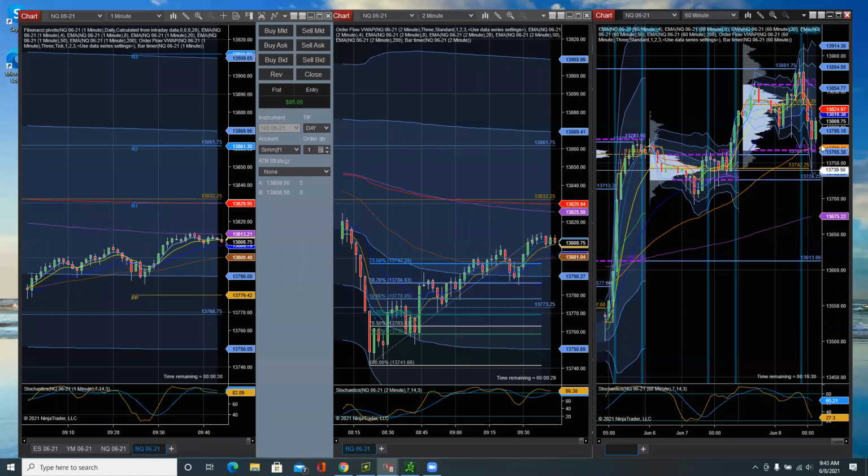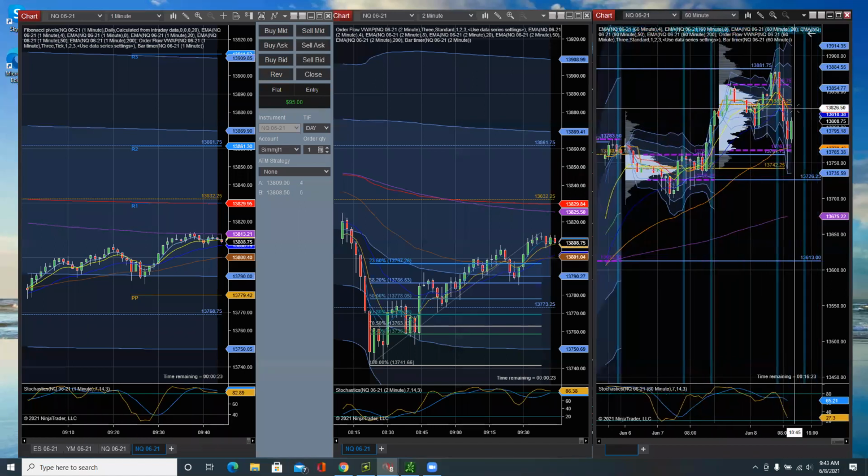And you can see here that it looks like it is heading up to the 20-day moving average at 38.15, and it got almost right to that level.